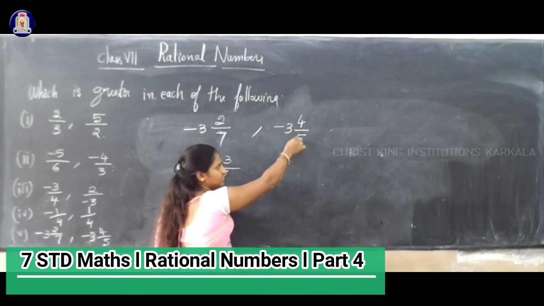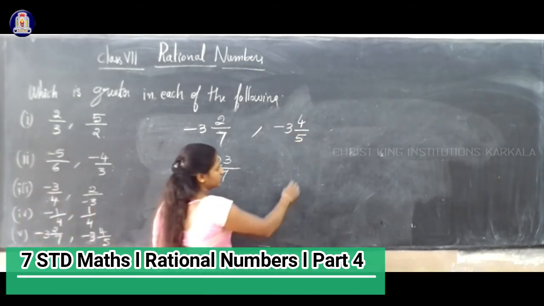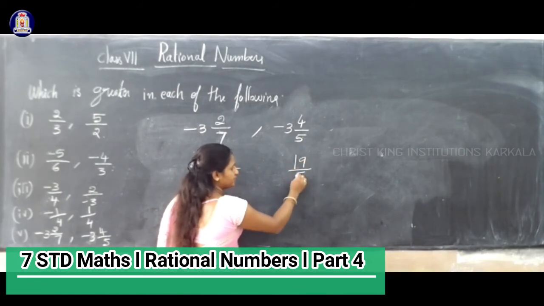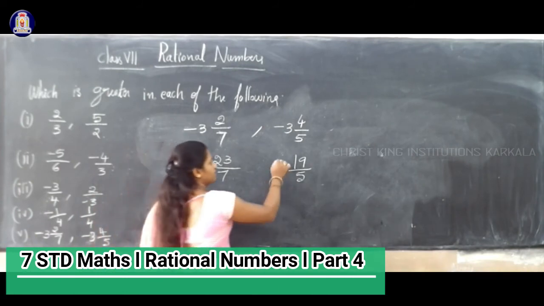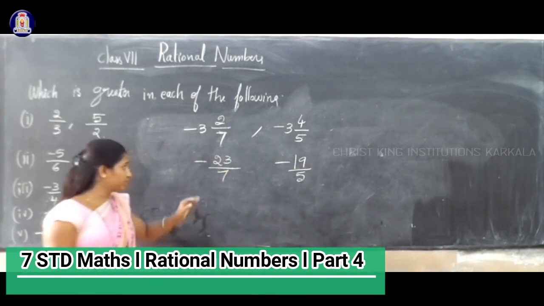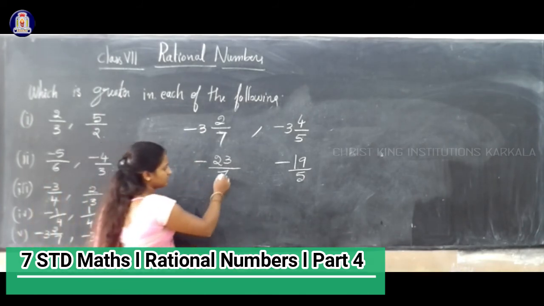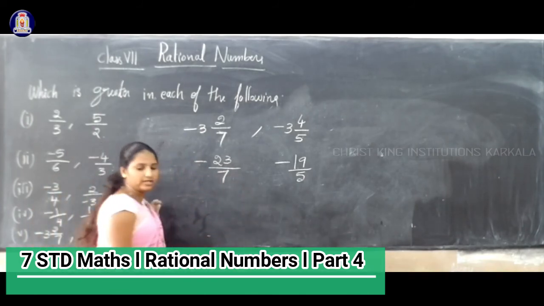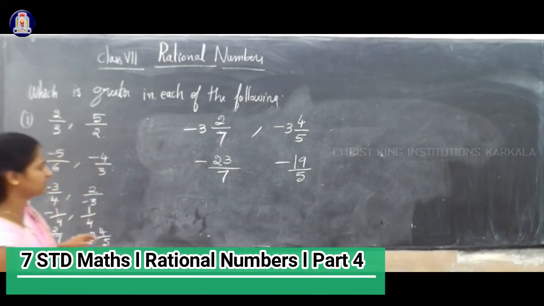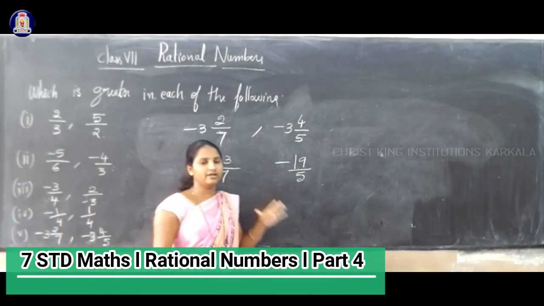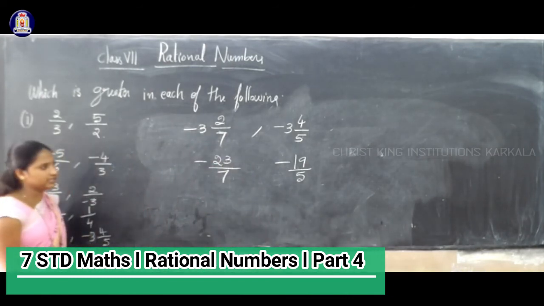Again, 5 3s are 15, 15 plus 4, that is 19, so 19 by 5, the sign is minus. Now if you convert this into improper fraction, can you say which is greater and which is smaller? No, because the denominators are again not the same, so we cannot identify which is greater and smaller.